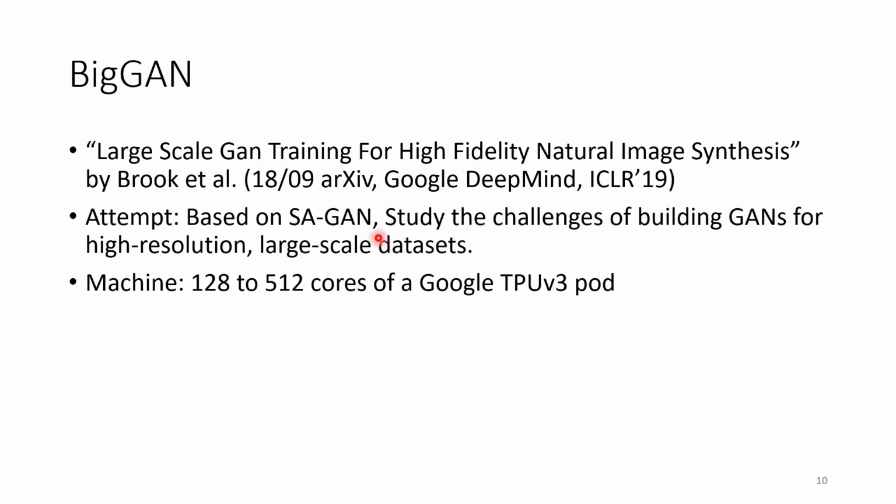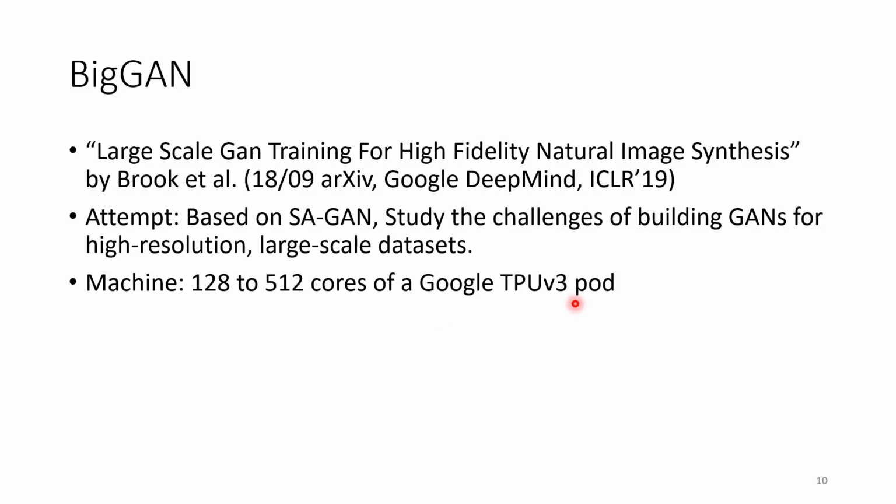Okay, how to do it? They want to modify the SAGAN so that it can generate higher-resolution, larger images. So, okay, let's pay attention here. To do it, they need the TPU, a Google TPU v3 pod.